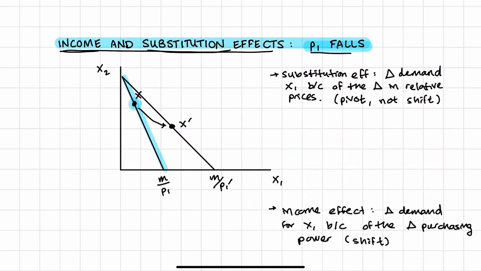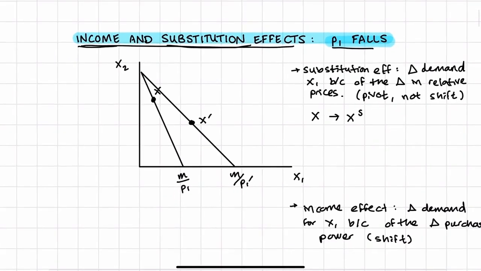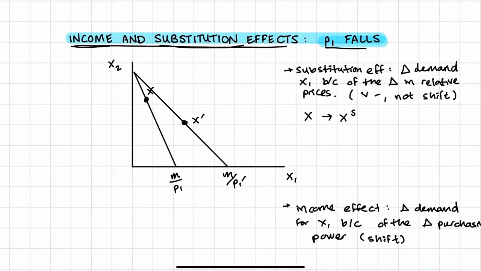So let's say that the substitution effect will be moving from X to X with an S on it, S for substitution. The idea is we want to pivot the line, but not include the shift. And so what that'll mean is I want a line that has the relative prices of that final budget line.